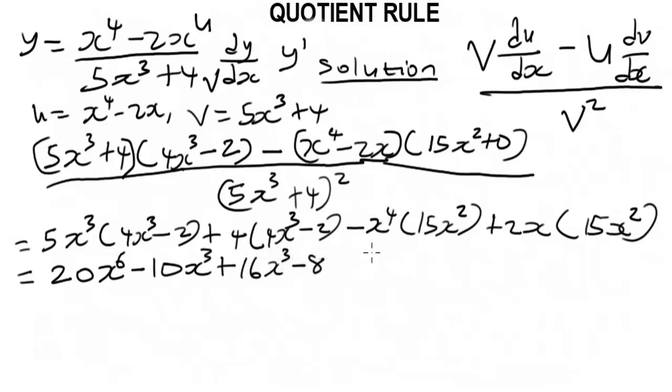Then minus x raised to the power 4 times 15x squared gives minus 15x raised to the power 6, since you add the powers. Plus 2x times 15x squared gives plus 30x cubed.